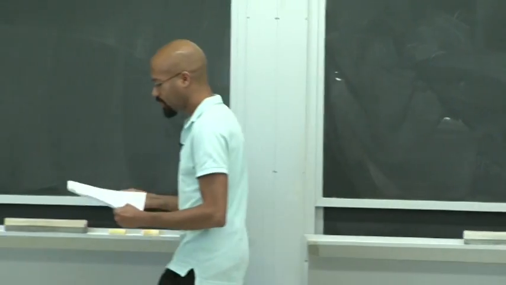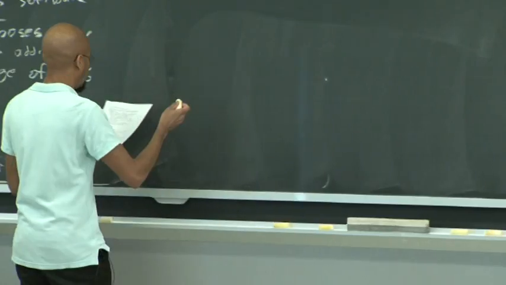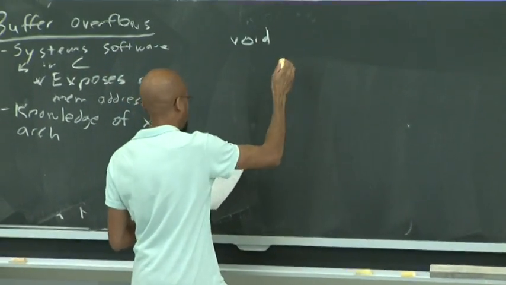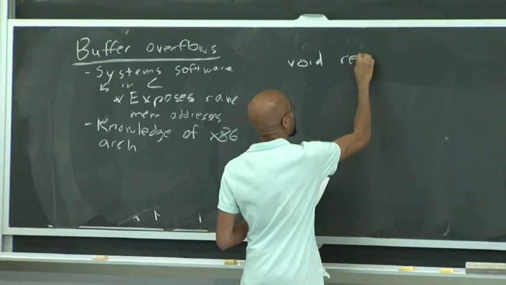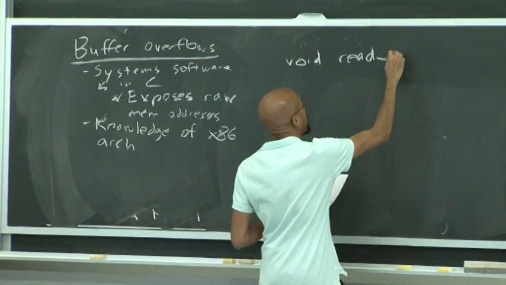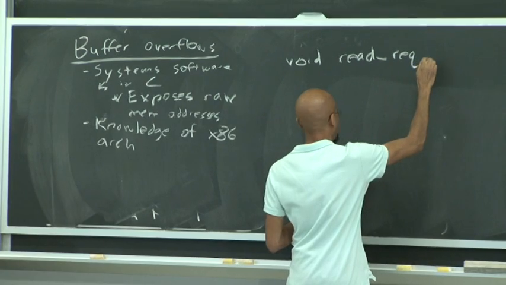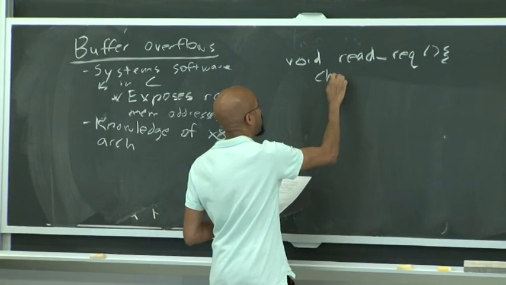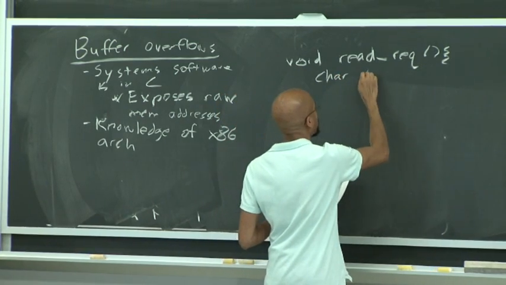And so let's look at a simple example. It's very similar to something that you saw in the last lecture. So we've got your standard read request up here. And then you've got a buffer that's here.